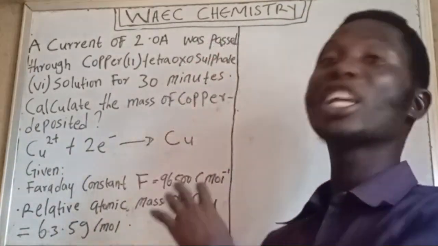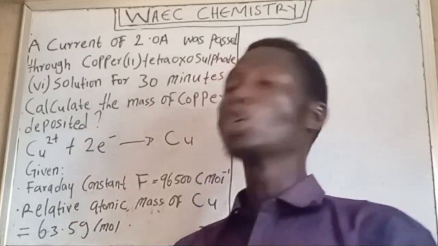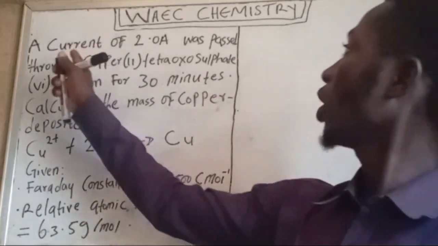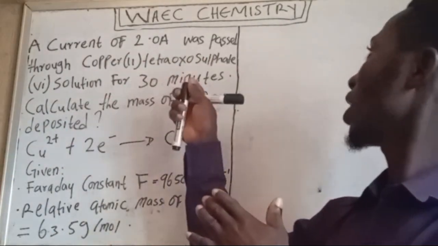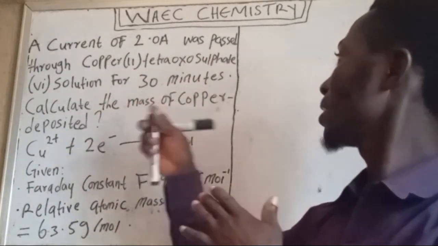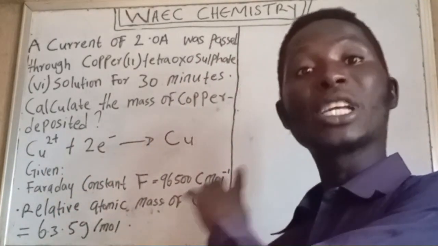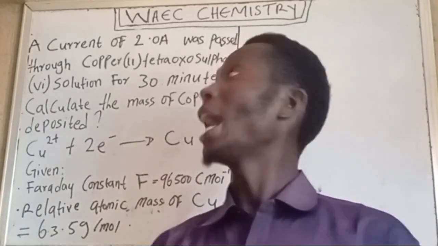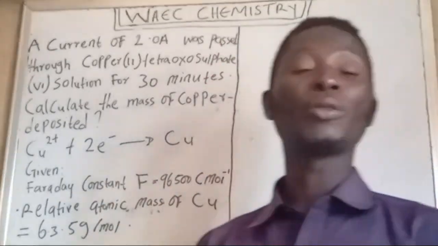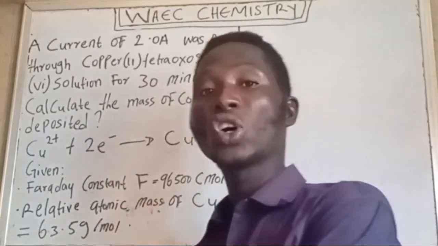When you know the topic, it will enable you to know the formula you will use to solve the question. So we have a current of 2.0 A passed through copper(II) tetraoxosulfate(VI) for 30 minutes. Calculate the mass of copper deposited. This tells you that the question is coming from electrolysis, and from the first law of Faraday's laws of electrolysis.